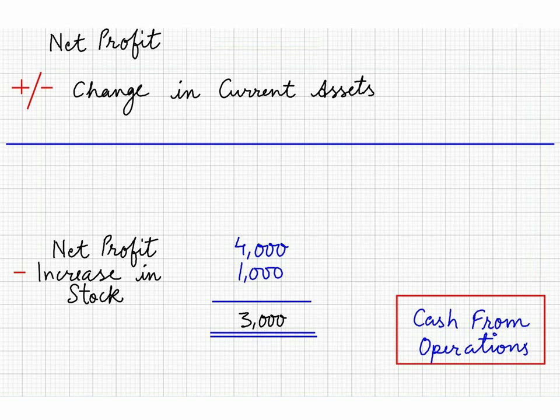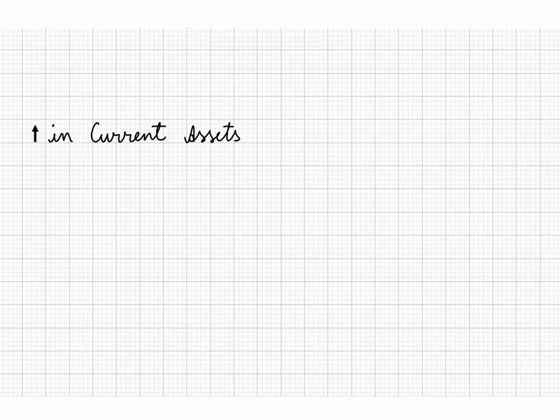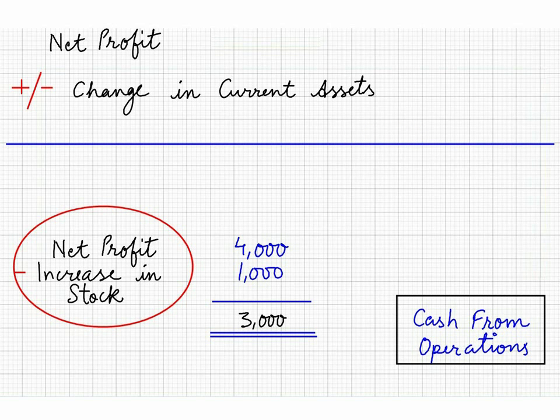This is the cash from operation. So what you have noticed, if there is any increase in the current asset, that will be deducted from the net profit and you can reach cash from operation. So the formula is net profit minus increase in current assets.